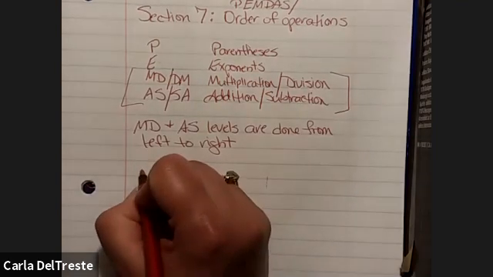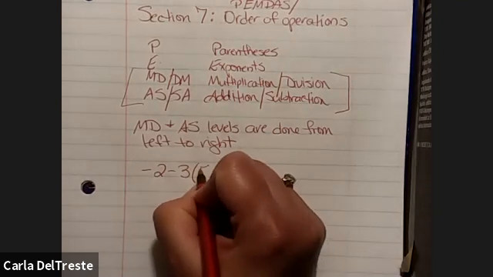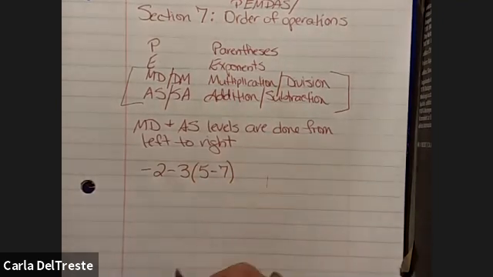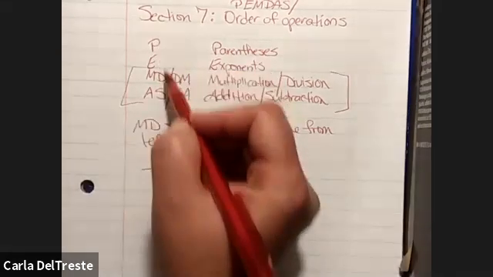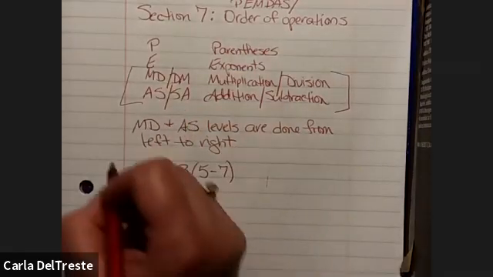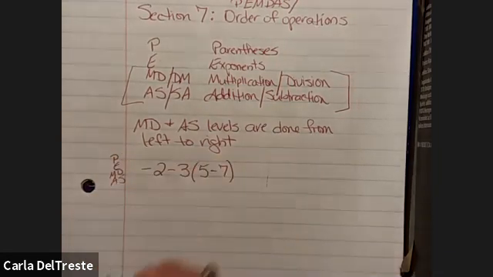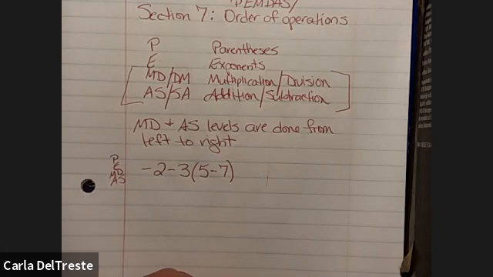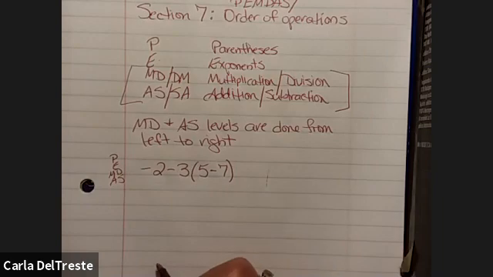So let's jump in with some examples. -2 minus 3, parentheses 5 minus 7. Okay? According to PEMDAS, which, by the way, a little strategy that you could choose to use here is to jot PEMDAS along the side and then cross out as you go. So parentheses is what I'm supposed to look for first.